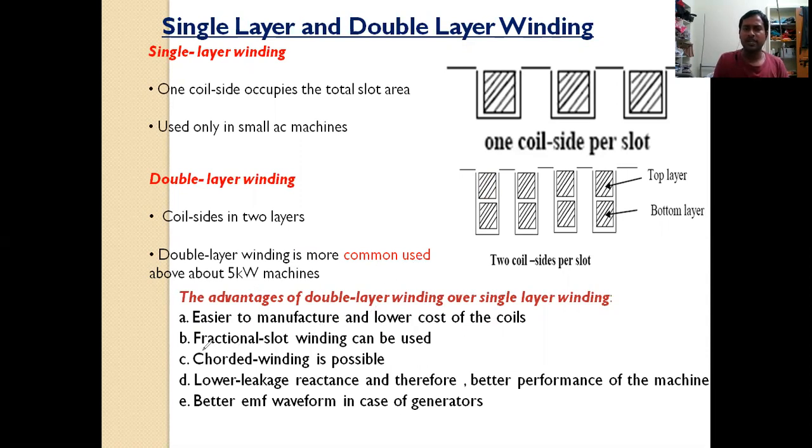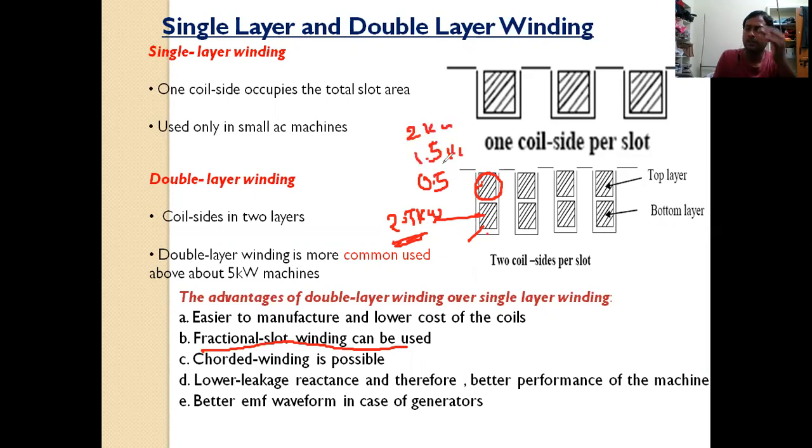The next one is that fractional slot winding can be used, which means, for example, if this winding produces 2.5 kilowatts, another winding can be a fraction of that, nothing but 0.5 or 1.5 or 2 kilowatts, like that, nothing but a fraction.